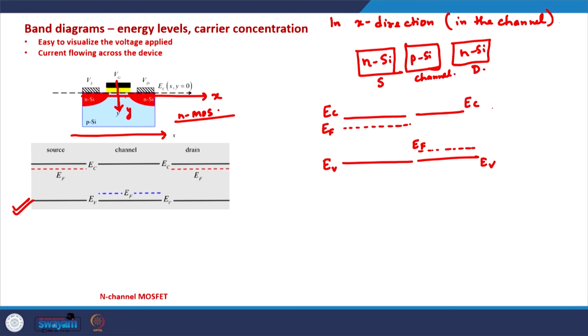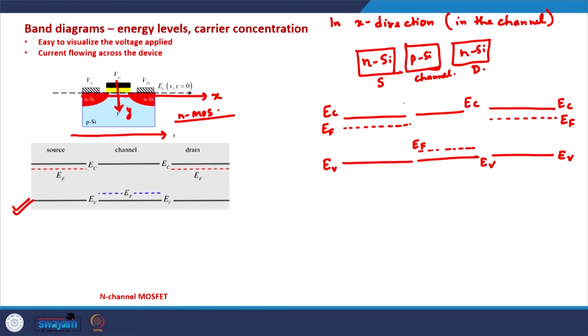Similarly, in the n-type drain terminal, we have the valence band, the conduction band, and the Fermi level is again quite close to the conduction band minima. So this is the sort of energy levels.